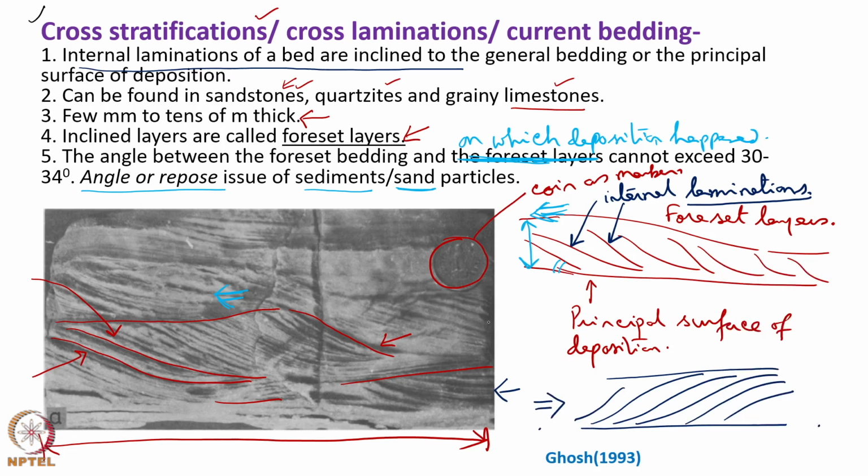In this case, it is from right towards the left direction. Right to left or left to right is an informal way of saying. In the field, you can measure this geographic direction with a clinometer, and you can say that flow in the past has happened in that particular geographic direction.